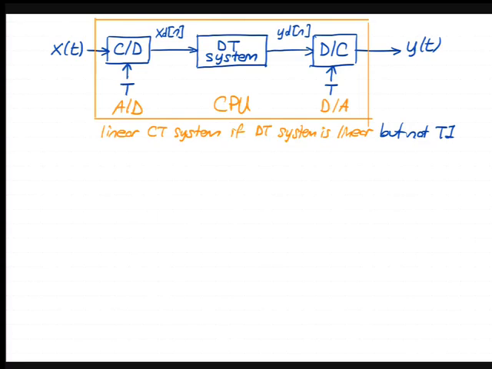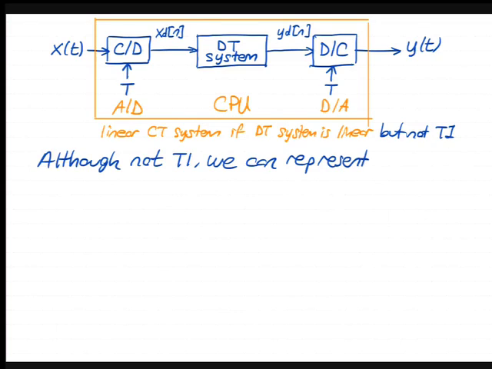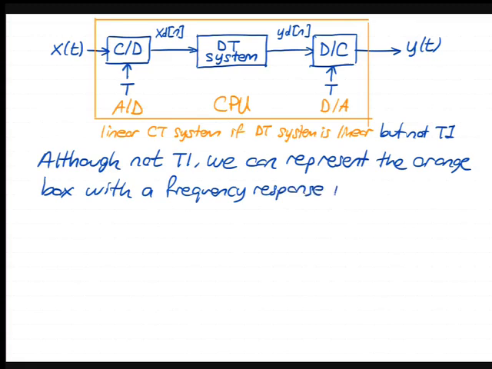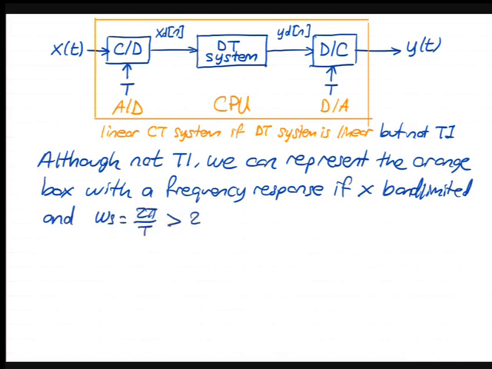So the point we're going to make is that although not LTI, I mean, although not TI, it is L after all, we can represent the block, the orange box, with a frequency response if x is band limited and the sampling frequency omega s, which is 2 pi by T, is bigger than 2 times the bandwidth.